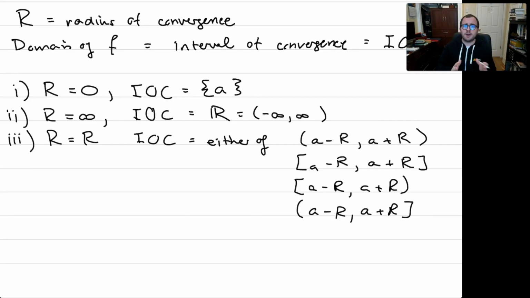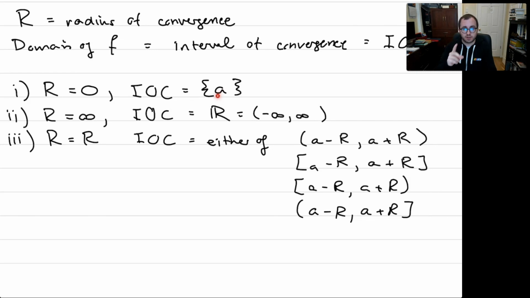Finally, as a recap, I just want to make a note that each of the 6 examples we've done demonstrates one of the 6 possibilities for the radius of convergence and interval of convergence of a series. It's possible for the radius of convergence to be 0 and for the interval of convergence to include just one value of x.